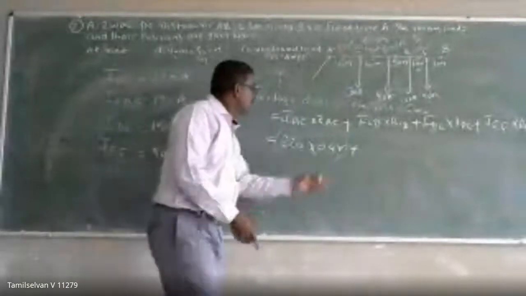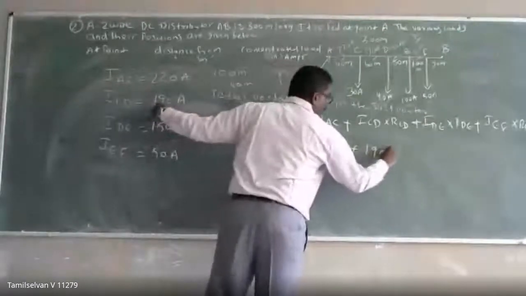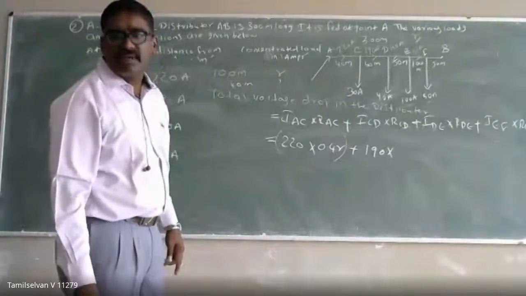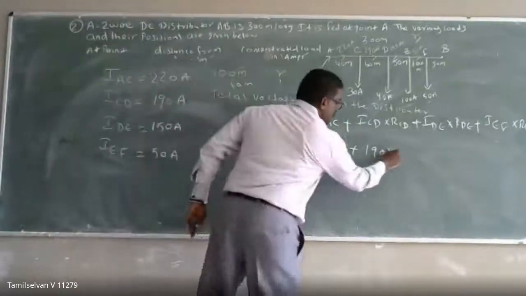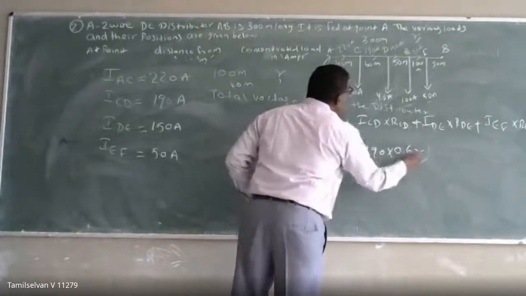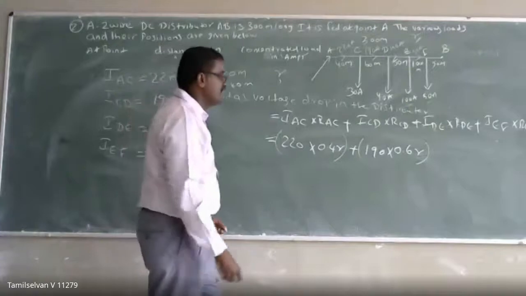Plus ICD, 190 into 60 meters, so 0.6 R. This is the drop in the section CD.